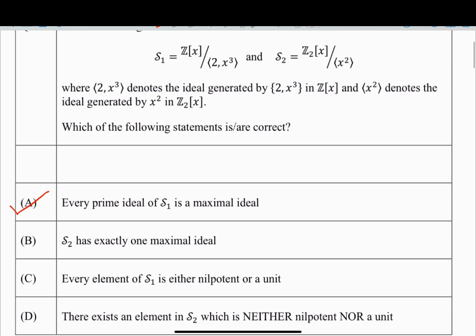Now let's do option number C, because it is telling about S1. Then we will do B and D for S2. C says that every element of S1 is either nilpotent or a unit.